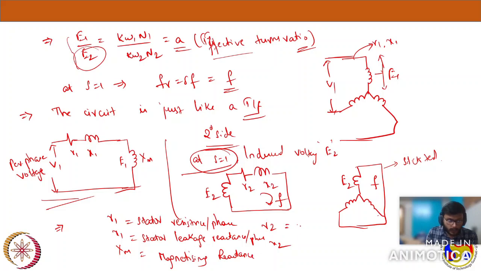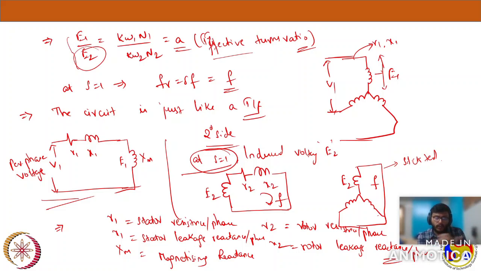Now R2 is the rotor resistance per phase, and X2 is the rotor leakage reactance per phase. Looking at all these parameters, the resistances R1 and R2 are not dependent on frequency, so they don't change with respect to frequency.